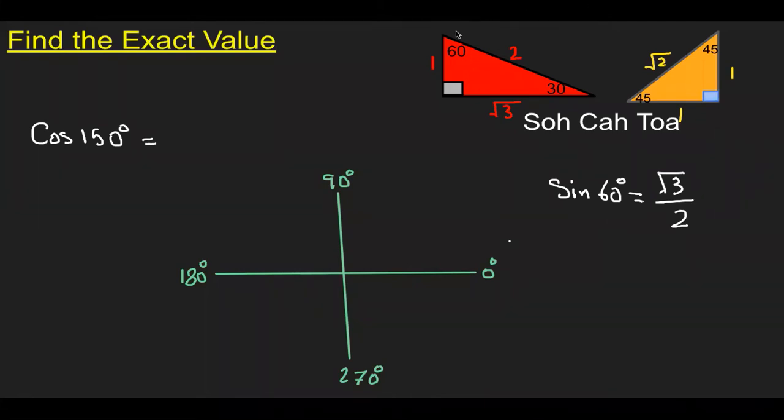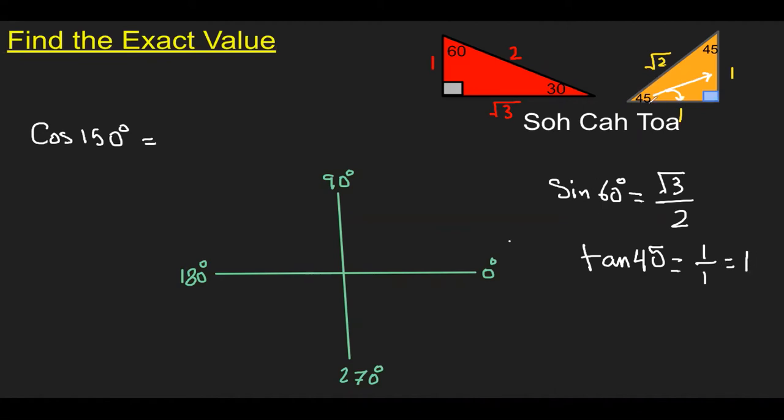Now, how about if they ask me to do tan 45, and they want exact values? So for tan 45 degrees, you go to the 45, one of these, because both of them are 45. Tan is opposite over adjacent, so it's just going to be 1 over 1, which equals 1.